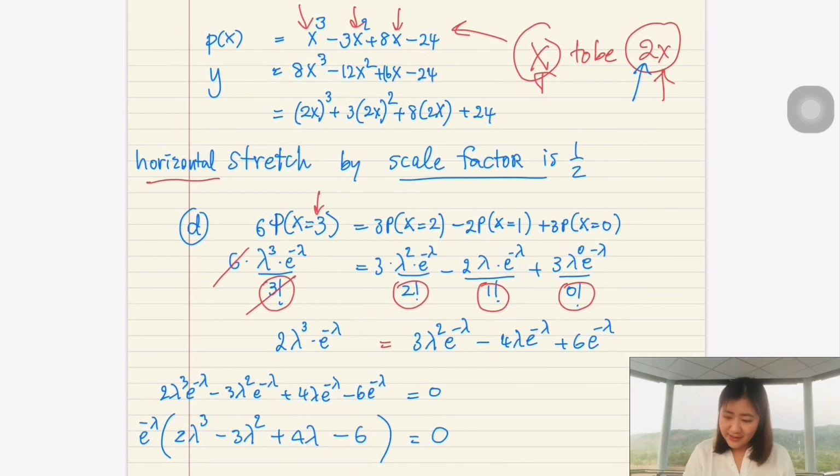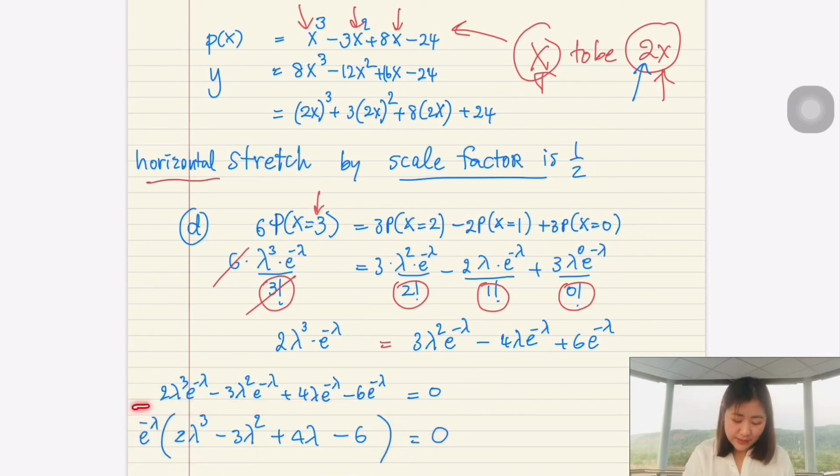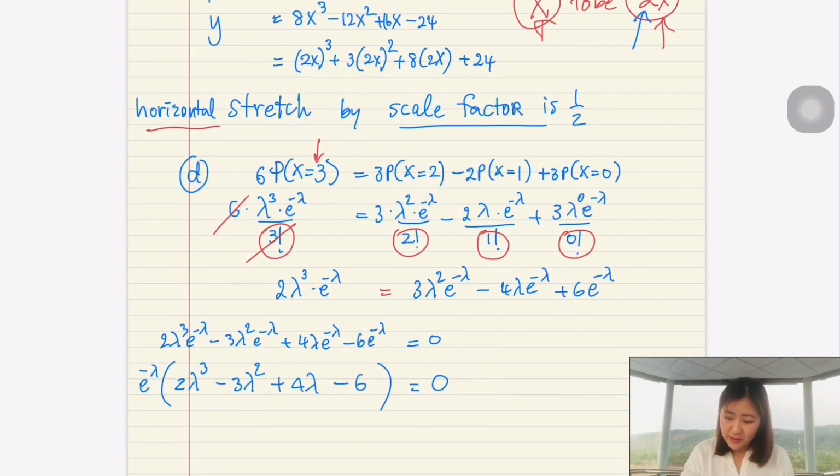So here you have 2 brackets. This is the first bracket, this is the second bracket. 2 brackets times each other to get 0. It means one bracket could be 0, right? Either one of them, but the problem is this one cannot be 0 because it's exponential. So you have only last chance here. This is equal 0, right? So you have 2 lambda cube minus 3 lambda square plus 4 lambda minus 6 equals 0.